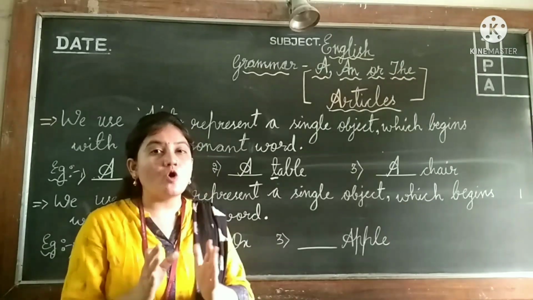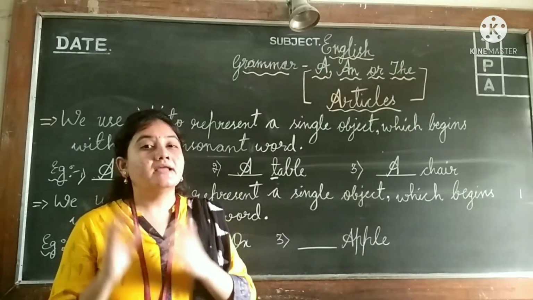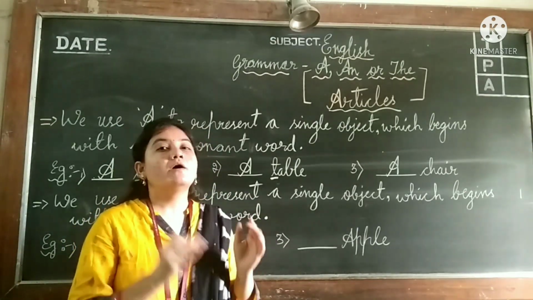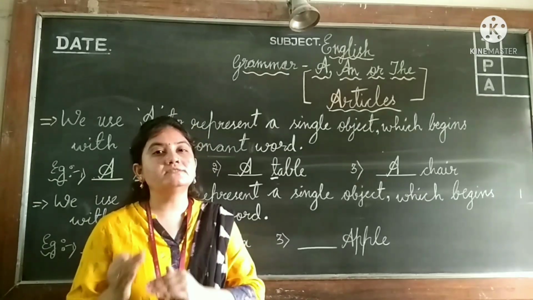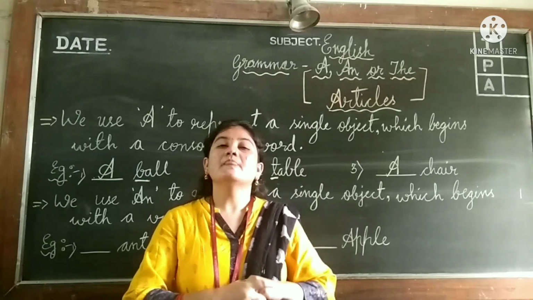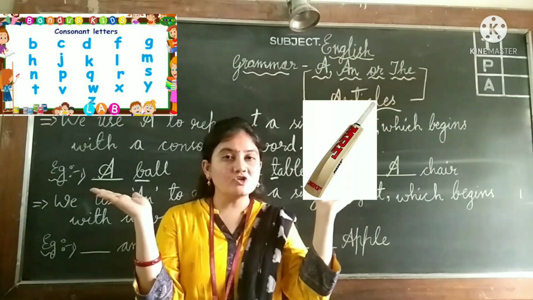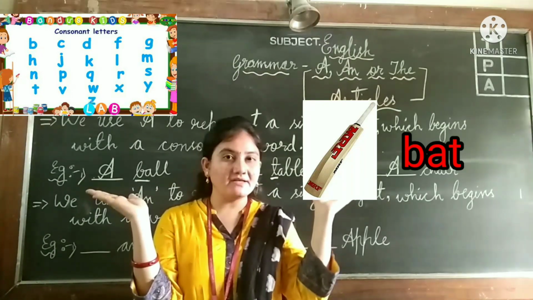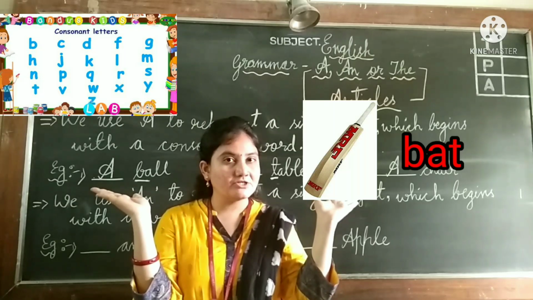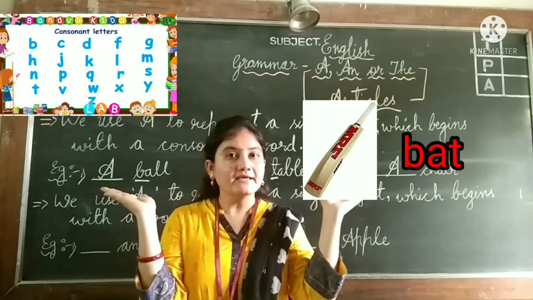If you know which are consonant letters and which are vowel letters, then it will be very easy for you to know when to write A and when to use an. Now we'll do some exercises on consonant words. What is there, children? Yes, bat. The word bat begins with the consonant letter B.